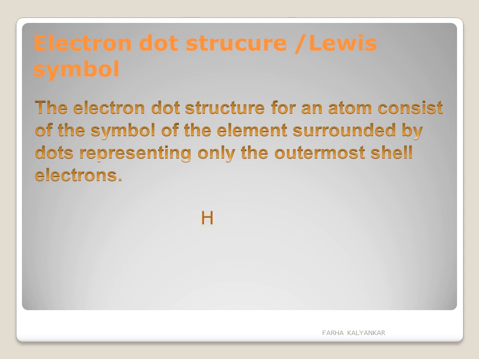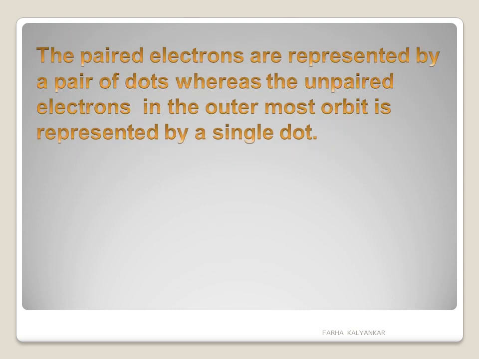Over here, hydrogen has only one electron in its outermost shell, which can be represented like this. The paired electrons are represented by a pair of dots, whereas an unpaired electron in the outermost orbit is represented by a single dot.